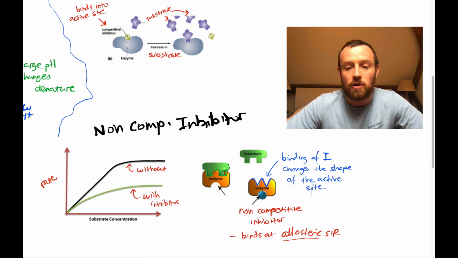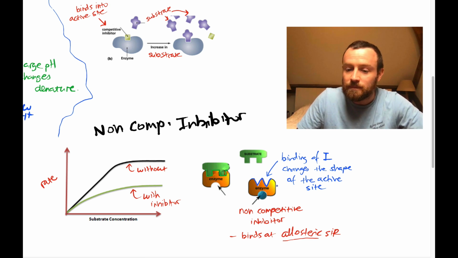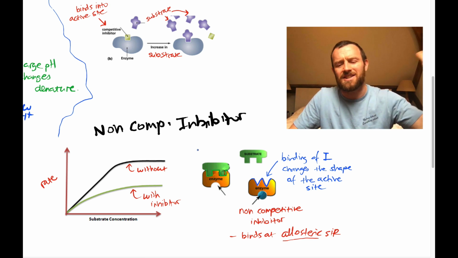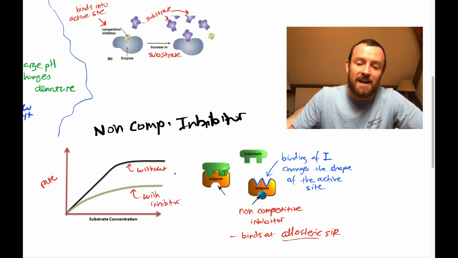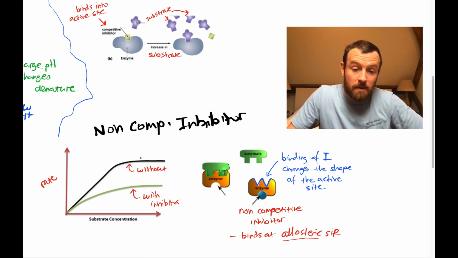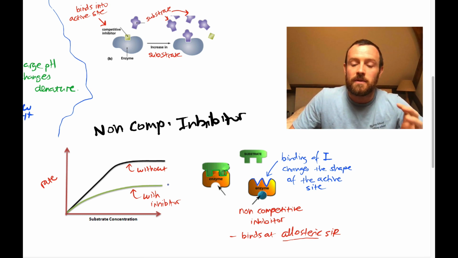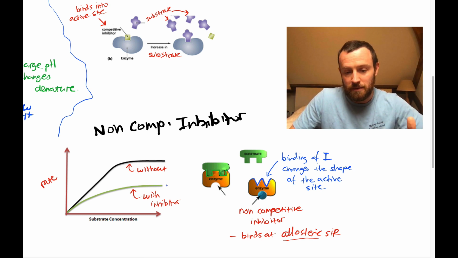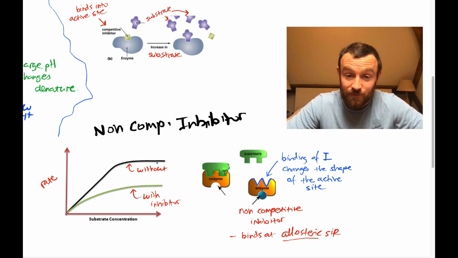And the key thing about non-competitive inhibitors is once they bind, they basically stay bound. Okay, so they bind pretty much permanently, and that essentially just takes out a proportion of the enzyme. So it's like reducing the number of enzymes that are there, by let's say 50%. So that's why the rate has dropped from up here to here. And adding more substrate won't do anything because the substrate is not competing directly with the inhibitor. Okay, so that is why this graph looks different.